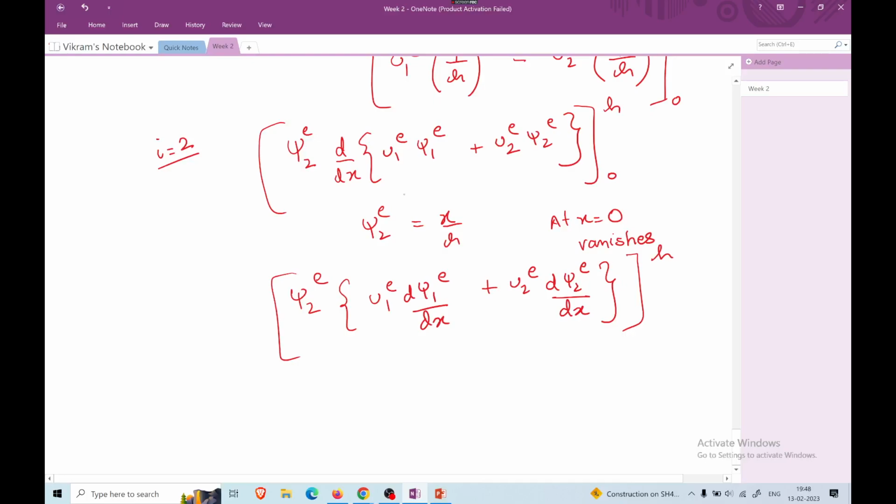At 0 the entire term vanishes because psi 2 becomes 0 at x equal to 0.